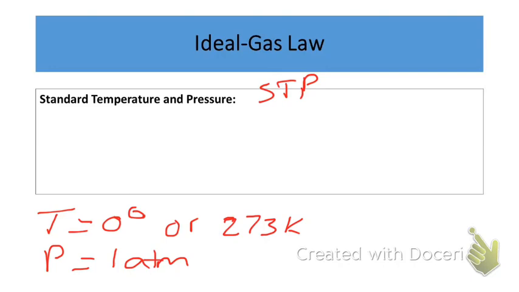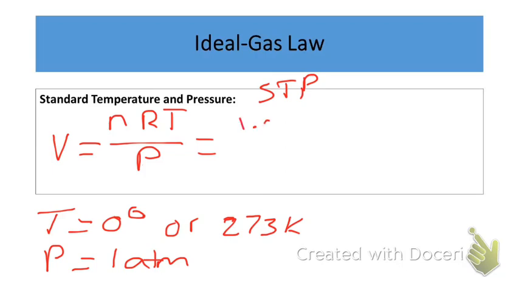Now, if we use the ideal gas law equation and we solve for the volume of a gas at standard temperature and pressure, the volume would be nRT over P. Now let's say that we want to figure out what is the volume at standard temperature and pressure of 1 mole of gas.